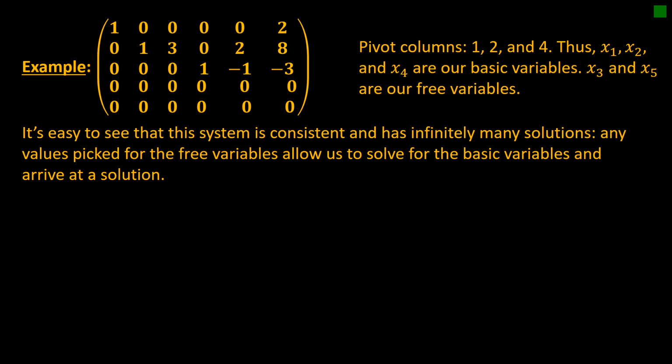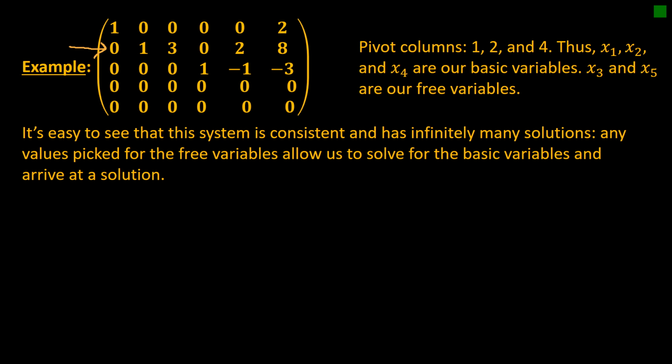It's easy to see that this system is consistent and has infinitely many solutions. Here's why. Any values picked for the free variables will allow us to solve for the basic variables and arrive at a solution. For example, look at row 2.